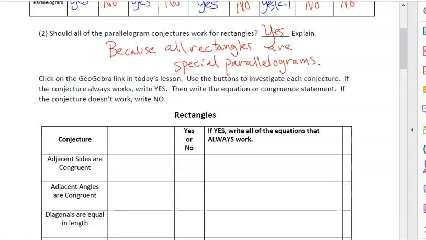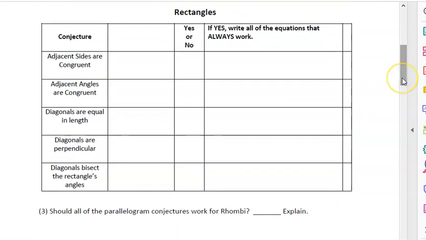So the 5 things that are listed in problem number 1, those are the 5 things that you were supposed to investigate for rectangle. So in a rectangle, I'm going to go ahead and just label these A, B, C, and D, to be consistent with my labeling.